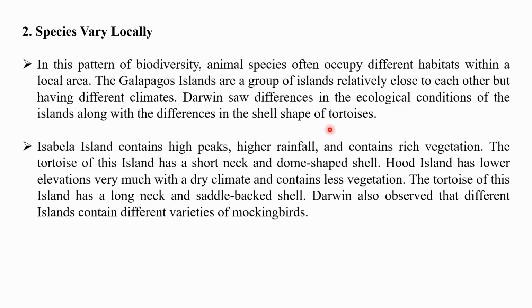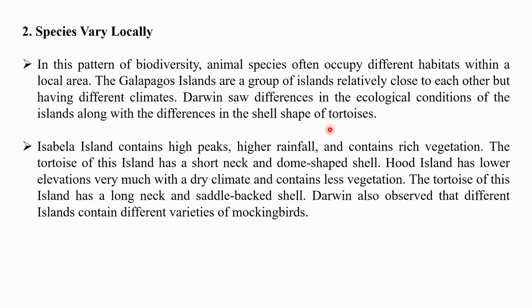What we are trying to say here is that, due to the differences in environmental conditions, despite being present in a local area, the species may occupy different habitats, and the differences in those habitats may lead to differences in the biodiversity pattern of the animal species.